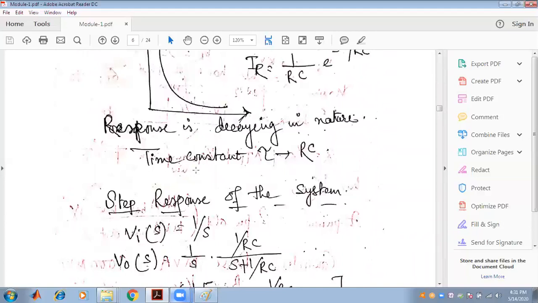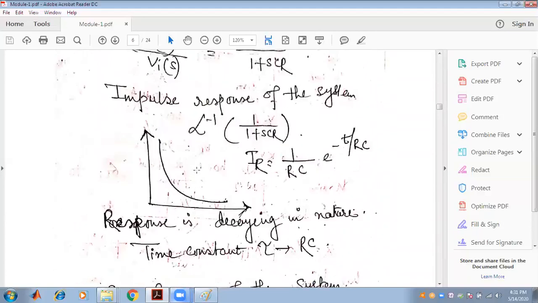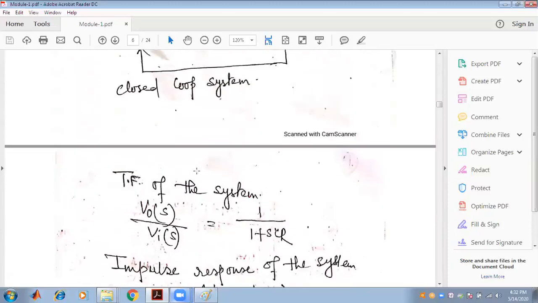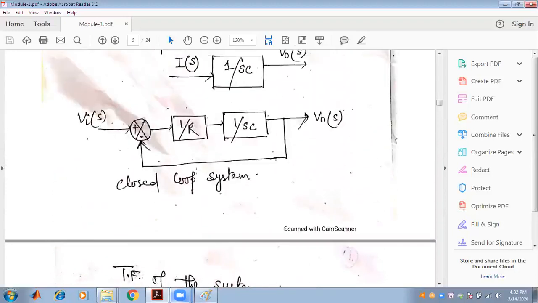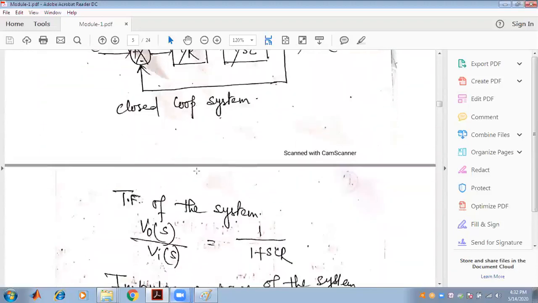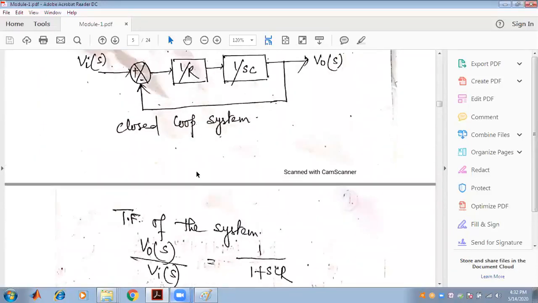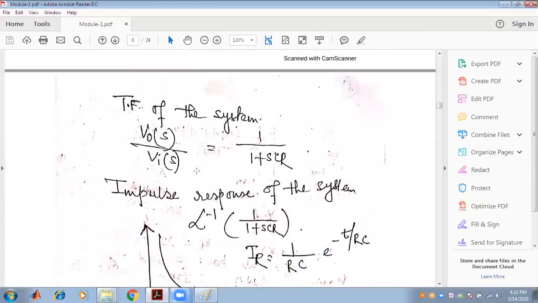So it is clear that the impulse response of the system is decaying in nature, along with the transfer function that we have obtained from the electrical circuit having R and C in series, which is 1 by 1 plus SRC.